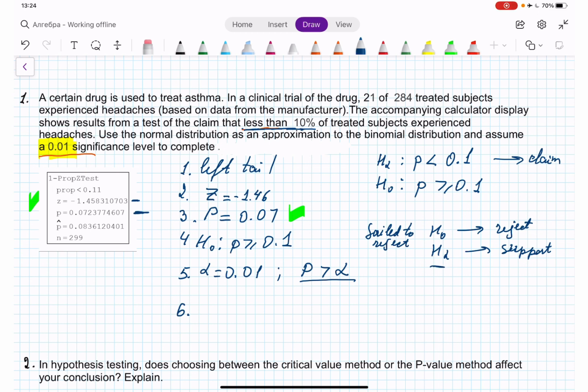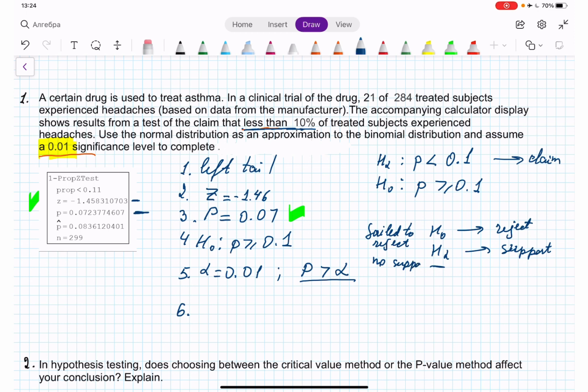So if we fail to reject null, then we have to reject the alternative. I don't know a synonym to find, not to use the verbiage reject with alternative. If we fail to reject null, then we don't support, right? Yeah, then we can say we don't support, which is no support for this one.